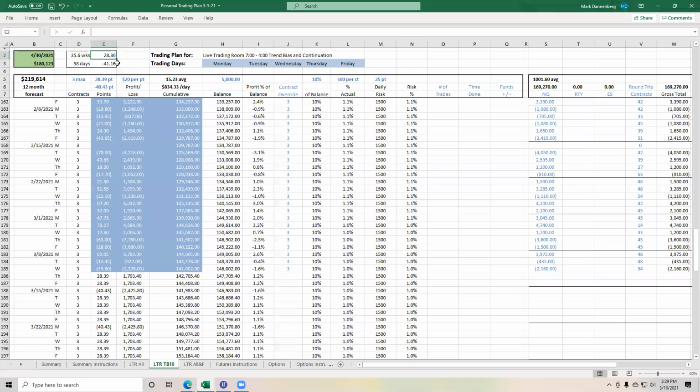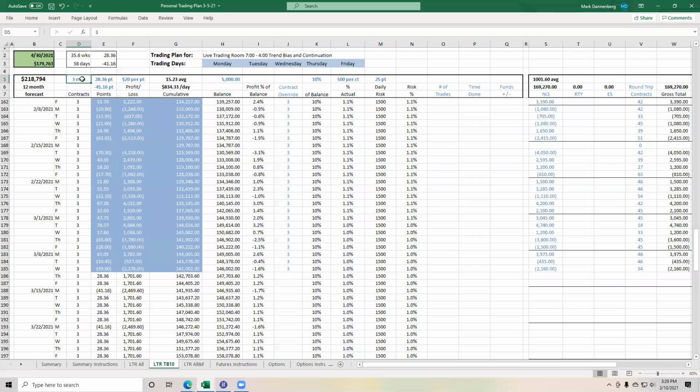Our averages, taking into account the number of winning days and losing days per the weeks that are in our history, are 28.36. So I'm going to change my go forward forecast to 28.36, and I'm going to change my losing day forecast to minus 41.16. We're still capped out at 3 contracts.